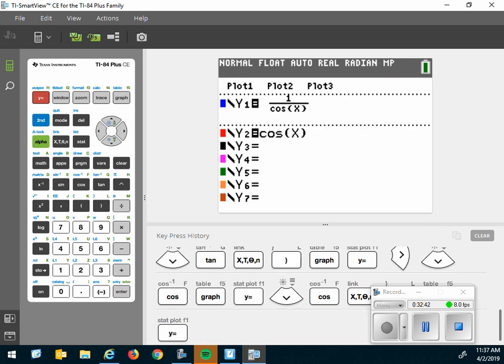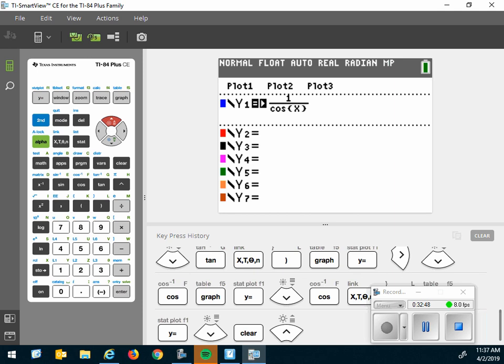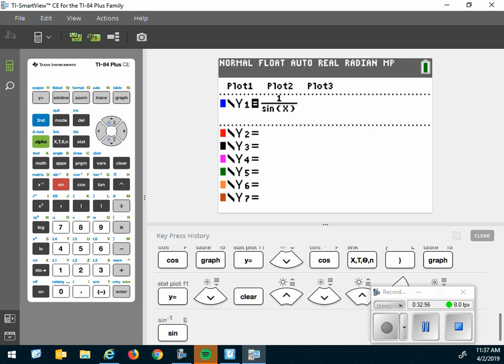Cosecant. How do I graph cosecant? 1 over sine. Now, before you graph, and I think we're on number 12, right? Asymptotes.